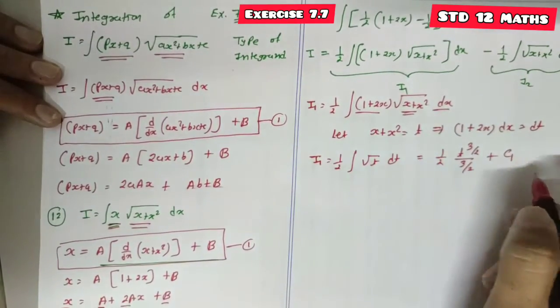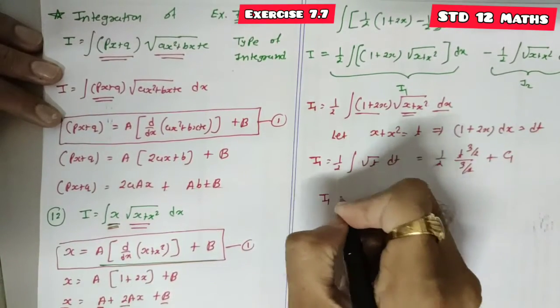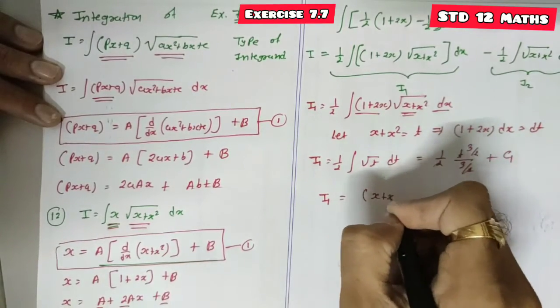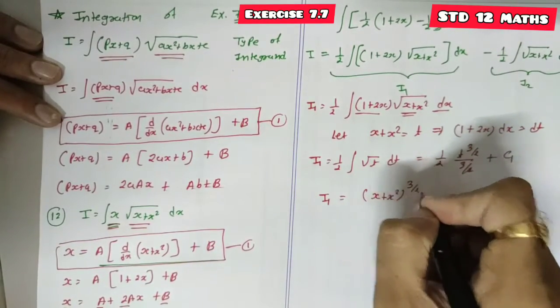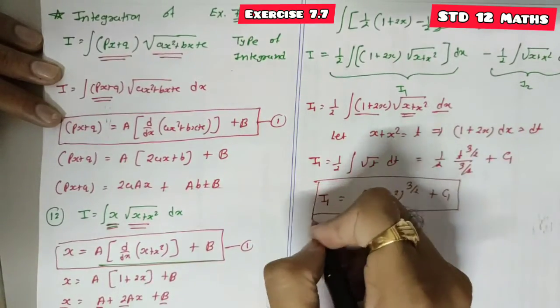For I1 we are using c1, so the 2 cancels. So I1, with t equal to x plus x square, is (x plus x square) raised to 3/2 plus c1. This is the value of I1.